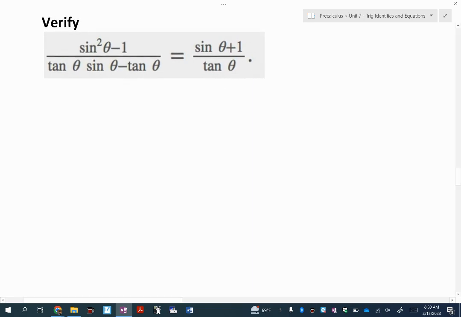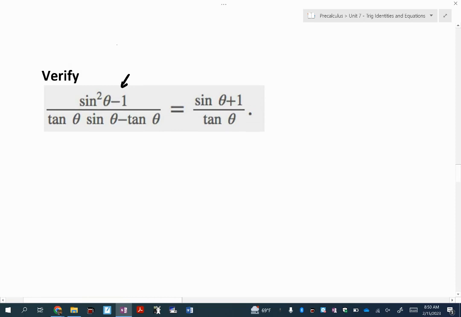Now, the first thing I notice in the top, right, is that this is the difference of two squares, right? The sine squared theta, I know it's kind of weird to say it, right? You can think of it as like x squared minus 1. And you guys hopefully know how to factor that from last semester or even algebra 2, right? So that's how that factors. But obviously it's not x squared minus 1. It's sine squared theta minus 1.